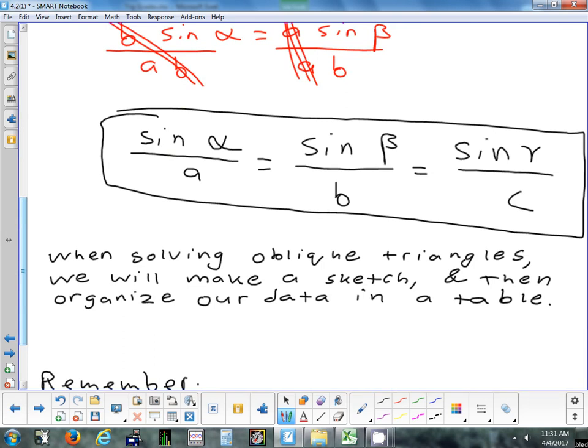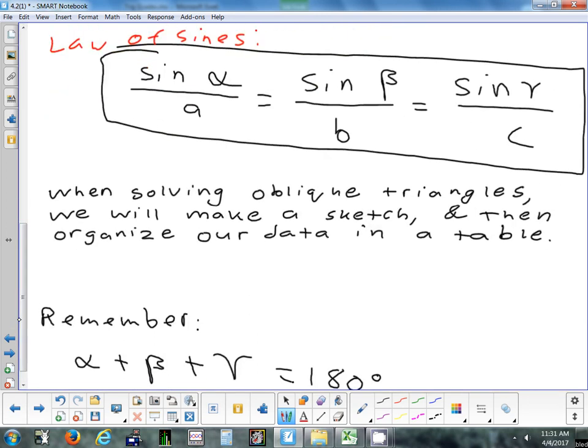We have to use this law. But there is one other fact we can still use. We said it earlier about the angles in a triangle. What do they all add up to? They all add up to 180. So that is still true. Even if you don't have a right angle, all the angles still have to add up to 180.